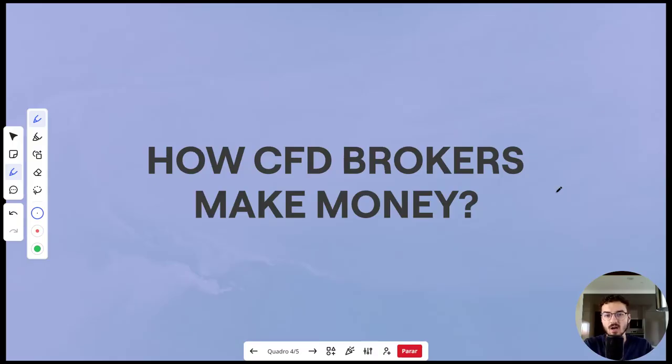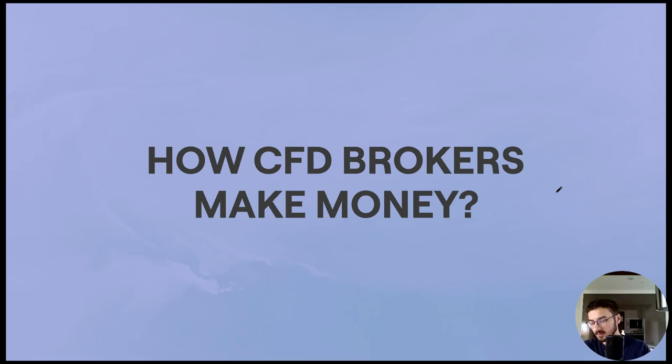Okay, so how do CFD brokers actually make money? Like I mentioned, it's basically like the prop firms. When you win money from your CFD broker, somebody is losing on the other side. It's not on the actual market, but on just the deposited money from the broker.